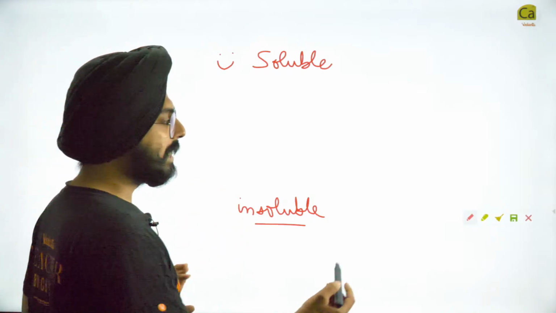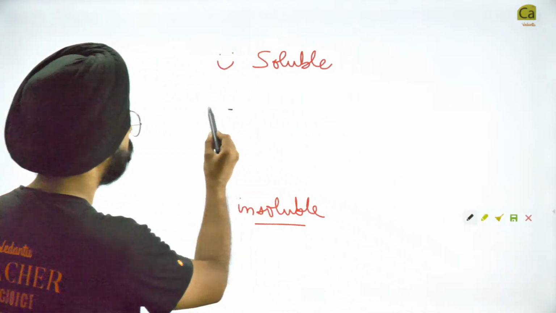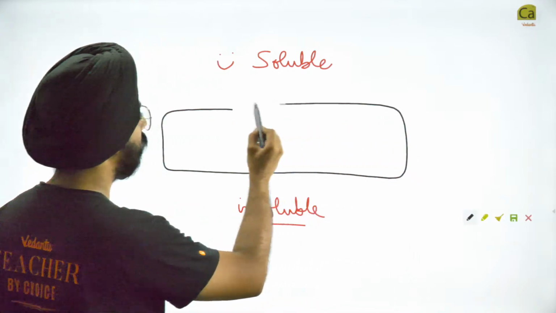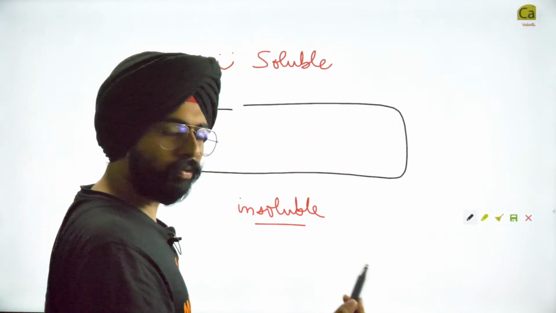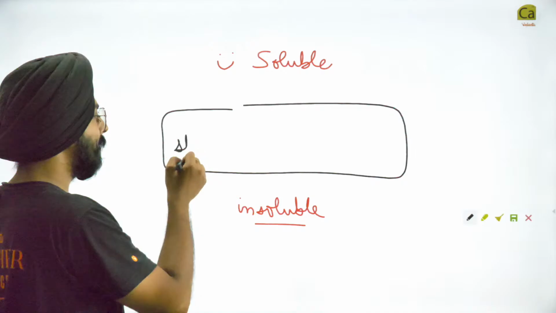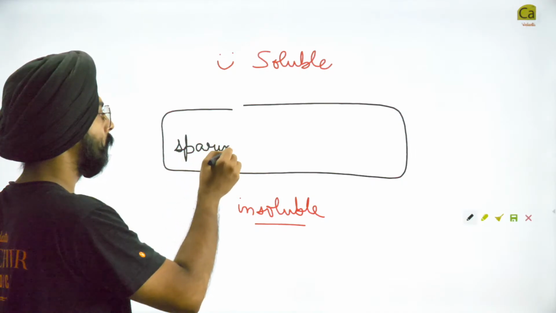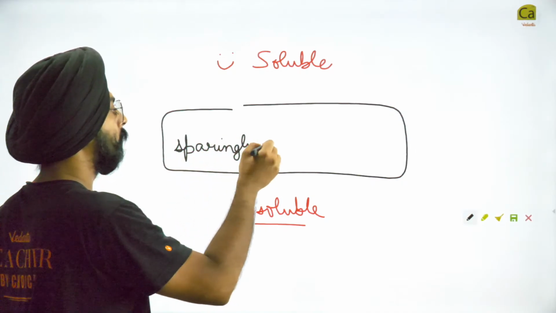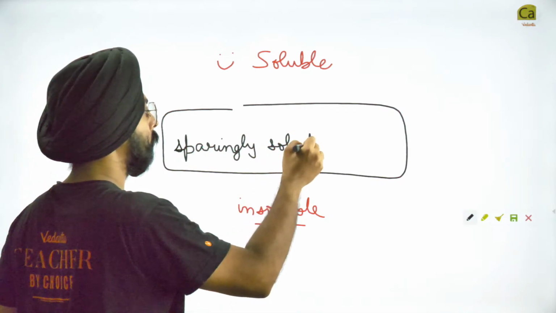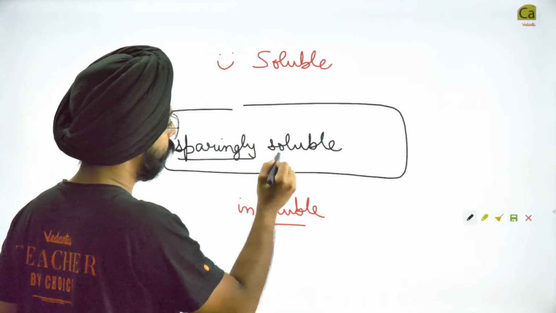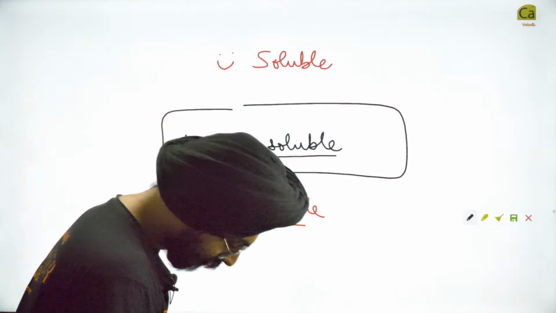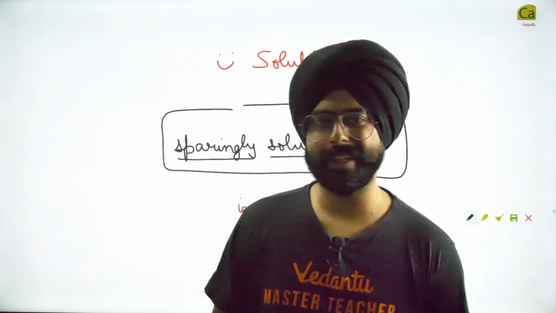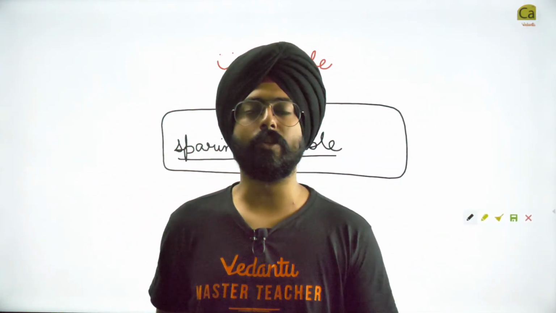And then comes the interesting part, where you are somewhere in the middle. My dear friends, a lot of things in nature are sparingly soluble. Do you understand the meaning of sparingly soluble? Sparingly soluble means not entirely soluble.